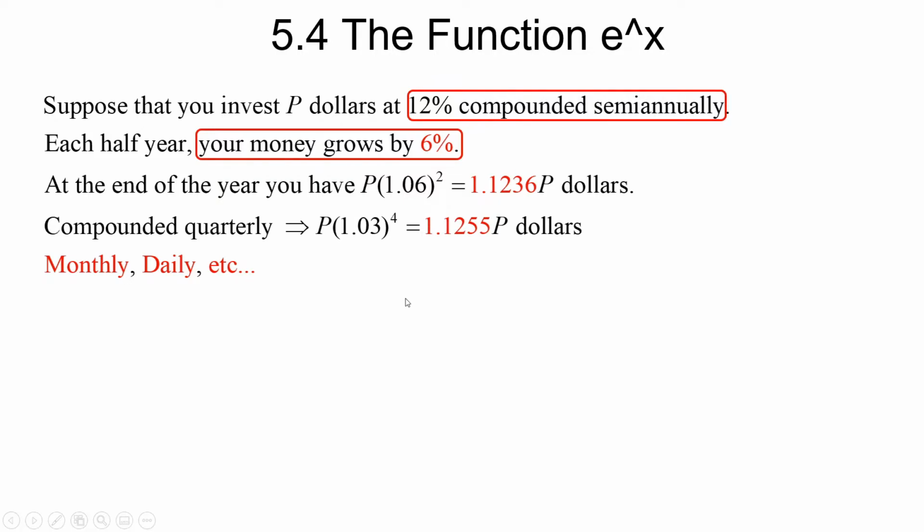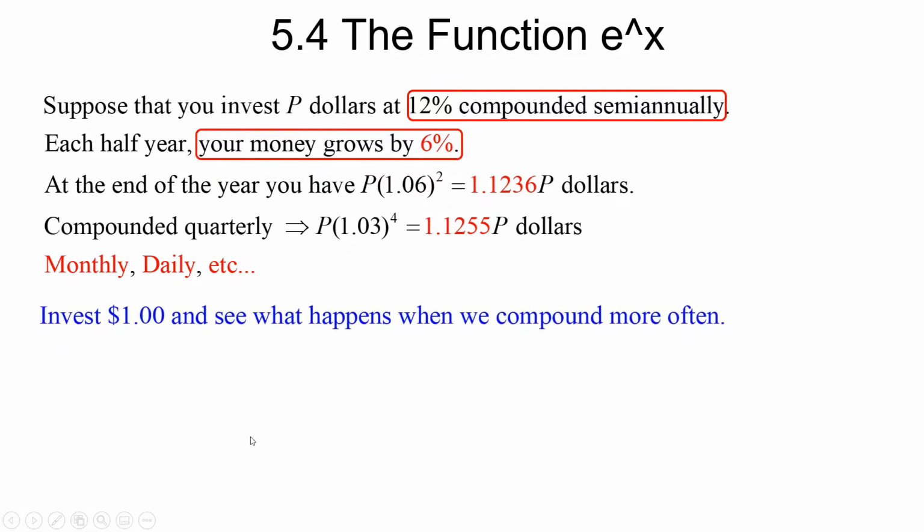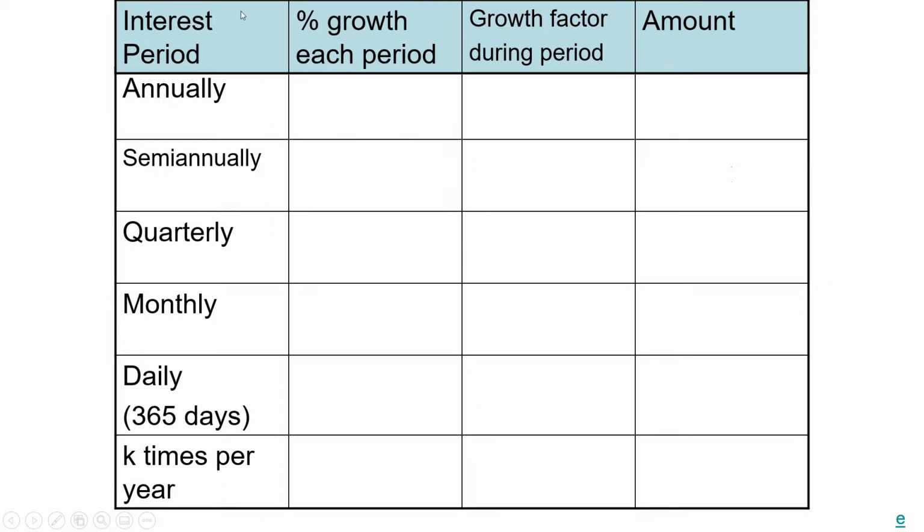Okay, very cool. So we're going to do a little table, and I gave you a link to print out this table so you could just fill in the blanks. And we're going to invest only $1 and see what happens when we compound more often. So here's your table right here. Okay, and if you don't have a printer, just quickly write this out on notepaper and fill this out.